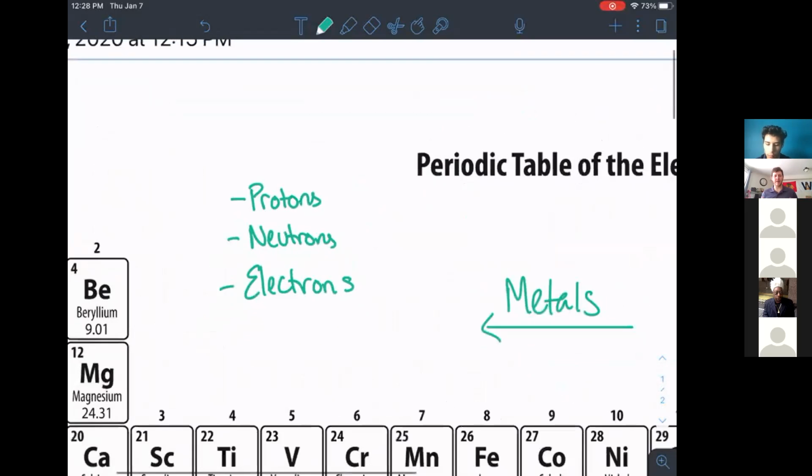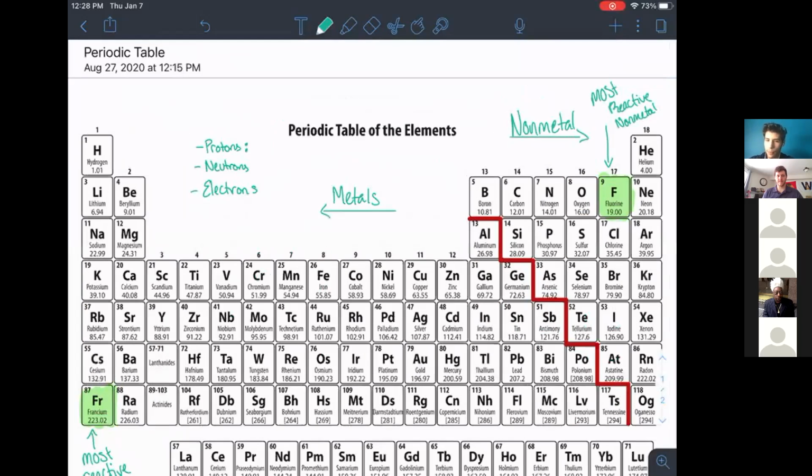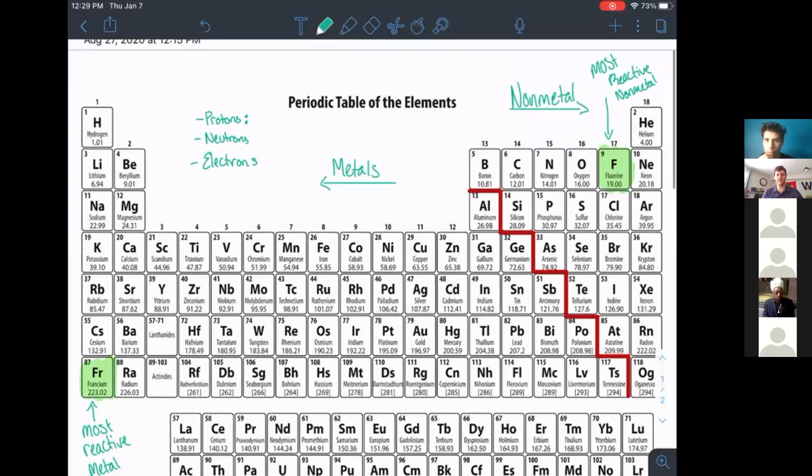Can anybody tell me how we find the protons? Or let's go specifically, let's look at beryllium. How many protons does beryllium have?